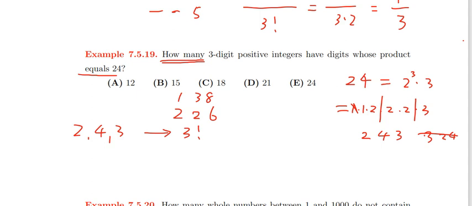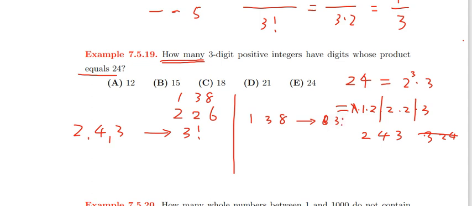So maybe we just list all the possible ways. Suppose the first one is 1, only 1. 2 is not okay, 3 yes, 1, 3, 8. So we just check it this way, from smallest to largest. So we can have 6, which is 3 factorial.